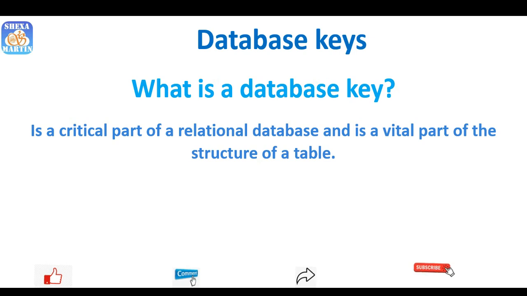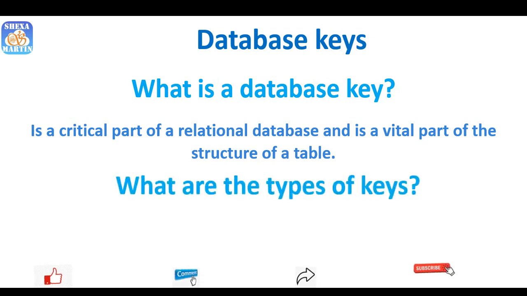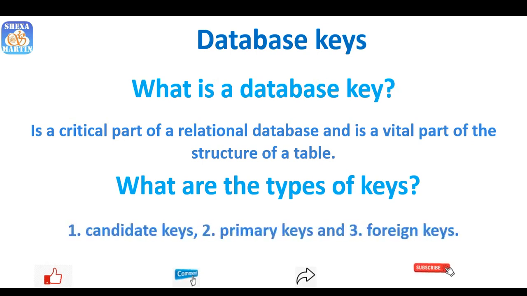There are certain types of database keys. There are three main types of keys: candidate keys, primary keys, and foreign keys. There's also an alternative key or alternate key, which some call a secondary key.